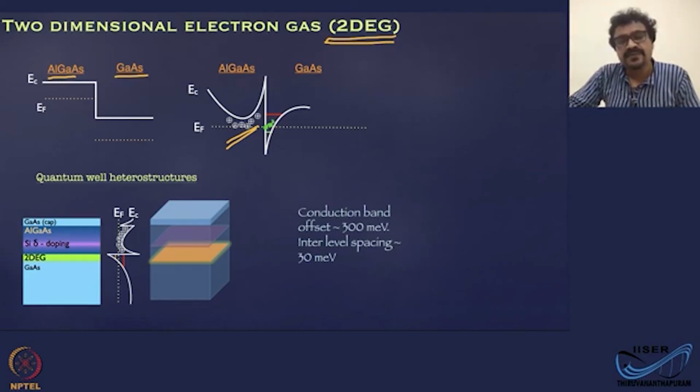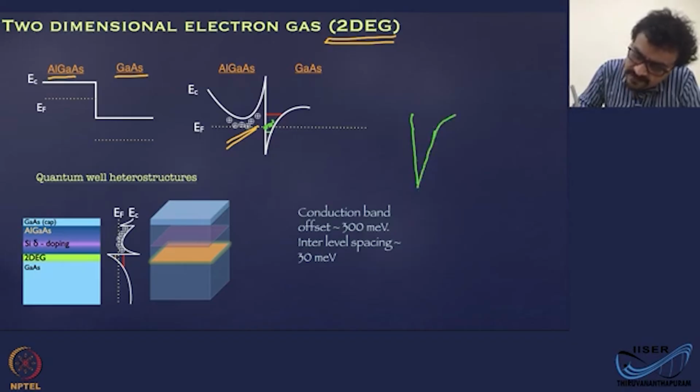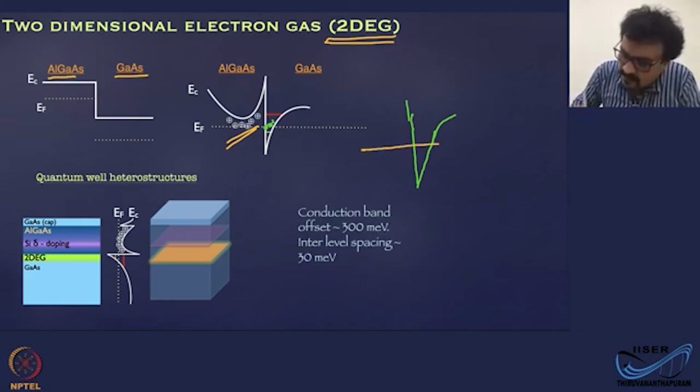Now you can play around with the number of dopants, doping level, and all the other growth parameters, and you can make this triangular well here. Let me draw this triangular well alone, something like this, where the Fermi level goes through here.